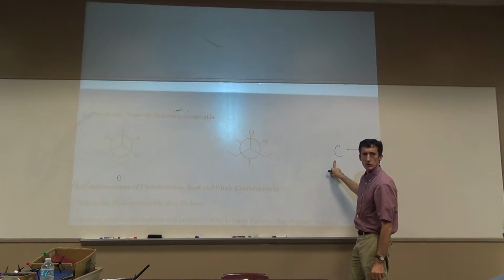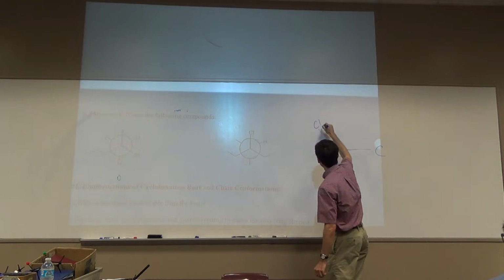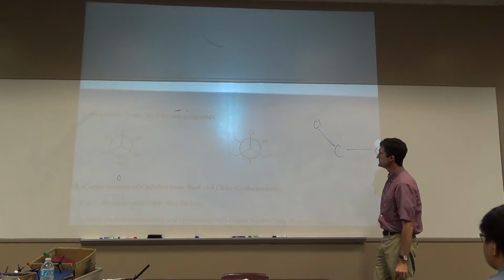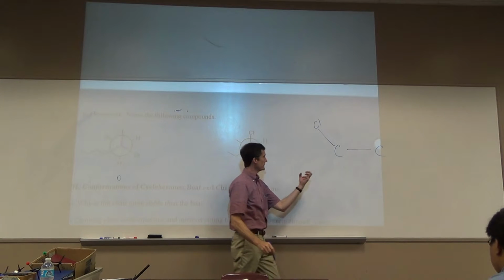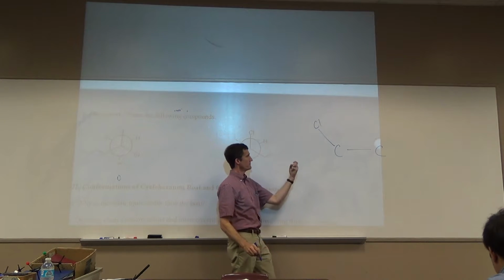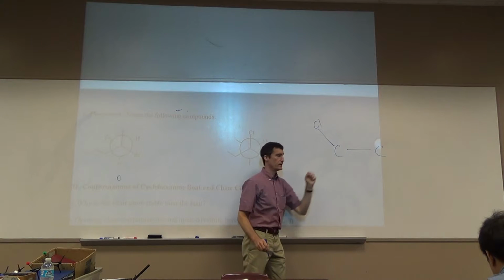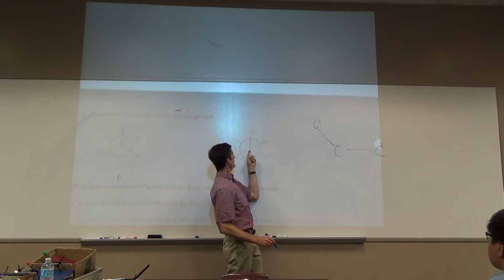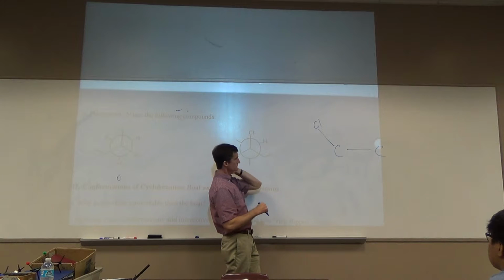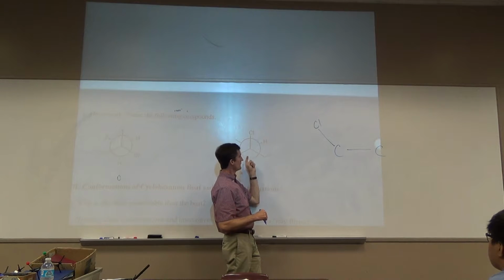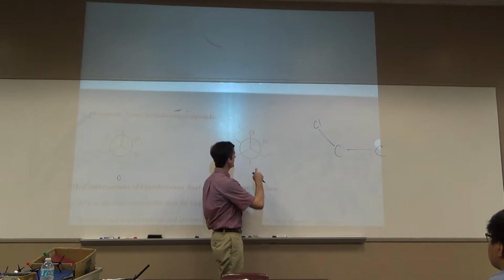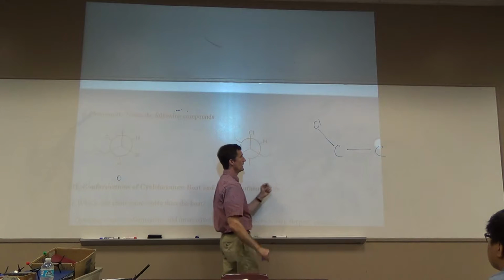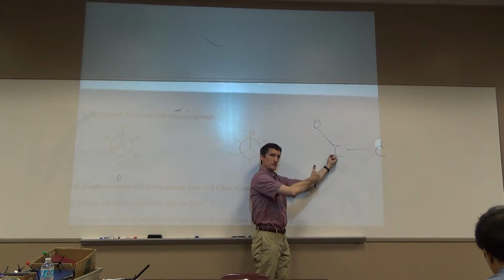I see a chlorine going straight up. Okay, pretend like I'm over here. Here's the front carbon. The back carbon is away from you. What else is on the front carbon? There's something on the front carbon going to the right.